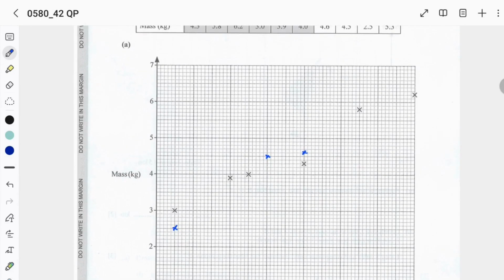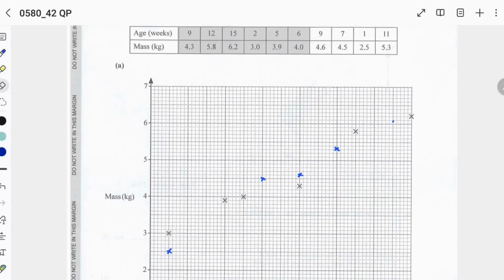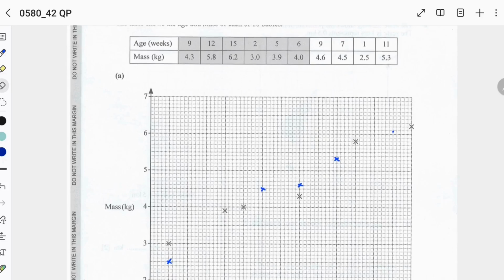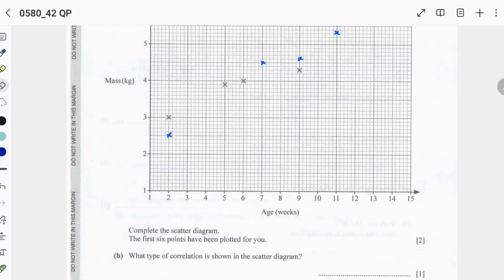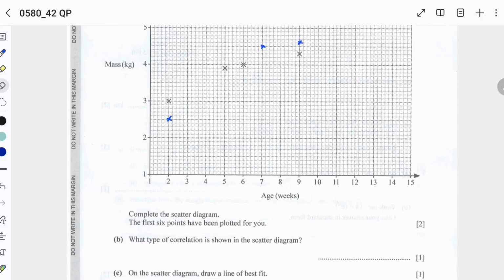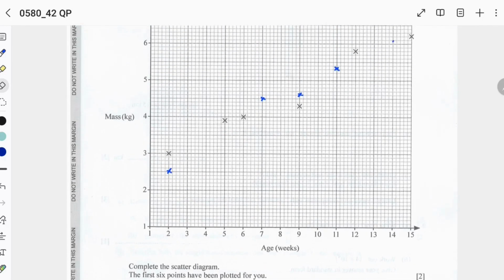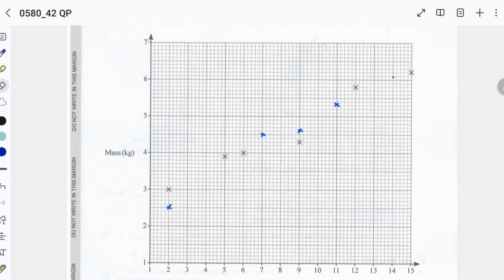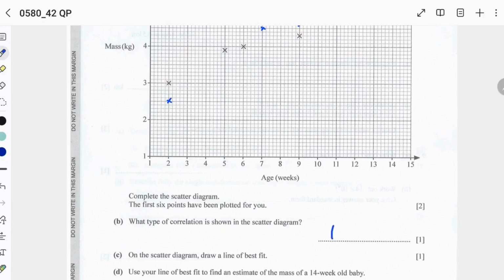So we have plotted the coordinates (9, 4.6), (7, 4.5), (1, 2.5) and (11, 5.3). Now the scatter diagram is complete. Then, what type of correlation is shown in the scatter diagram? Obviously, as the age increases, the masses are also increasing, so it's a positive correlation.